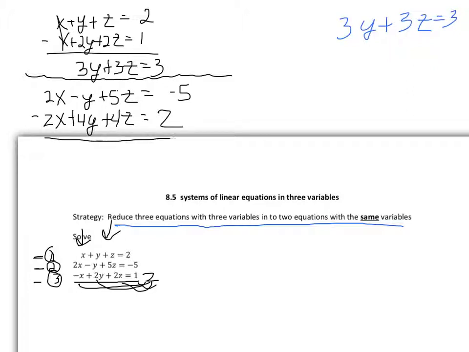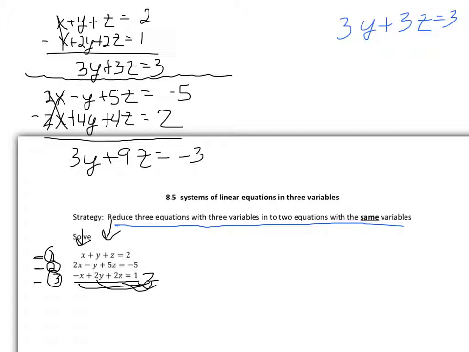The one thing I'm going to say is be very careful, be very conscientious about what you're doing, because if you make one little mistake here, it's going to ruin the whole thing, and it gets really bad really fast. So I'm eliminating the x's here, they go away. Negative y plus 4y is 3y, and then we have plus 9z, equals negative 3.